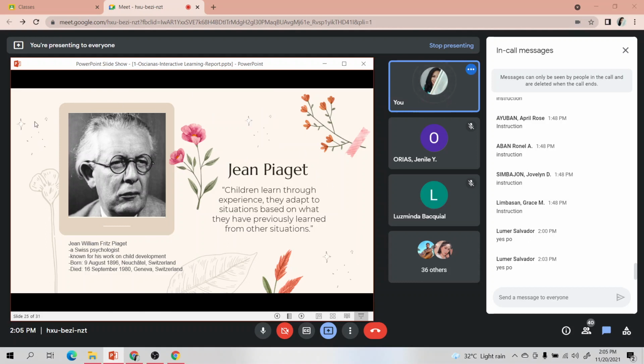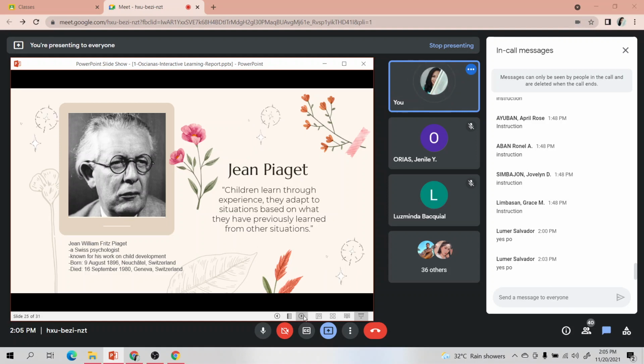But Jean Piaget is actually a man. So he is a Swiss psychologist known for his work on child development. And according to him, children learn through experience. They adapt to situations based on what they have previously learned from other situations.